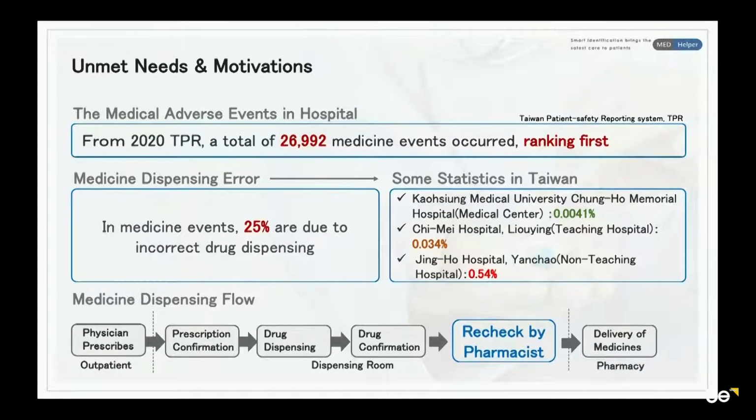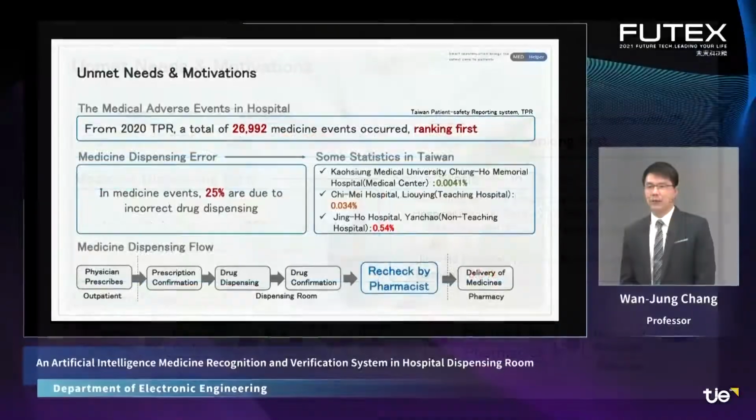Finally, in Yanchao Jinghe Hospital, which is a non-teaching hospital, the occurrence rate of drug dispensation errors increases to 0.54%.